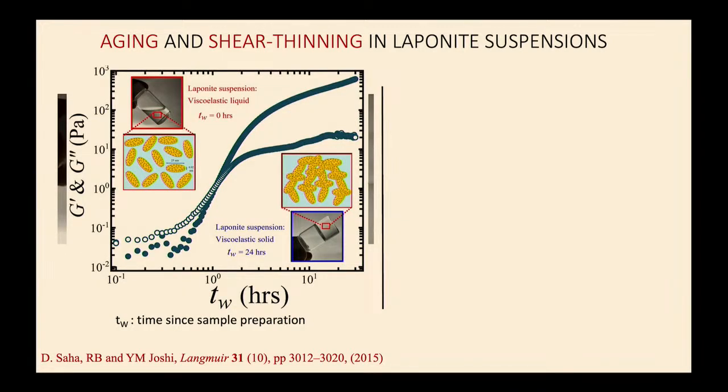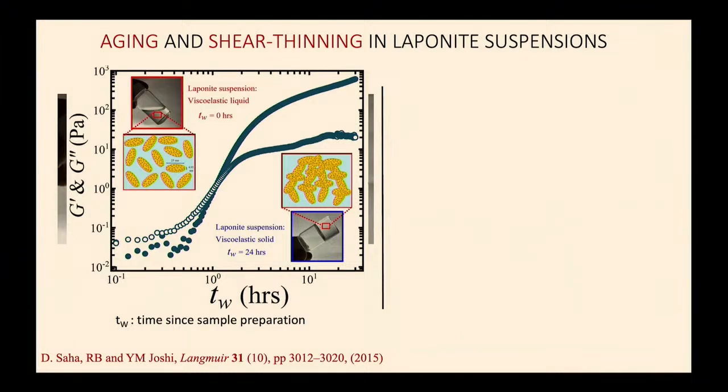And sure enough, this is some rheology that we did. Here G prime, the solid circles, is the elastic modulus. G double prime, the hollow symbols, is the viscous modulus. When you apply a very small oscillation, just enough to measure the elastic and viscous moduli of this material versus the waiting time or aging time, you can see that initially, at very low aging times, just after you have loaded the sample into the rheometer, your system is a liquid.